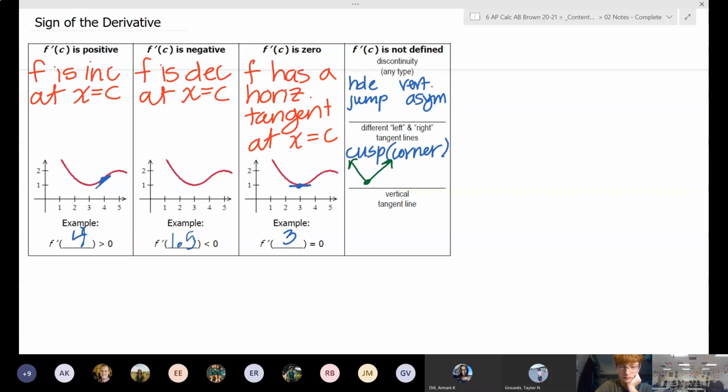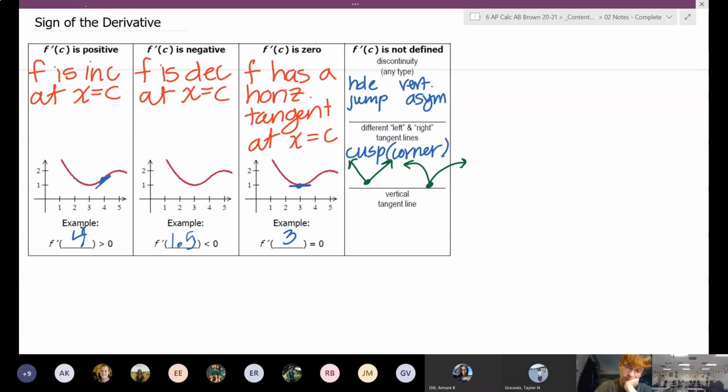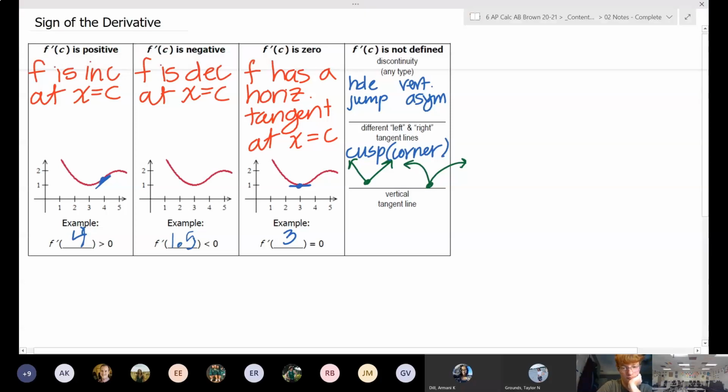It could also be curved. So if you think of that bird shape everyone drew in elementary school, at that sharp point, there is no derivative either. We also will not have a derivative at a vertical tangent line. If I think about a function with a vertical tangent line, at the spot where the tangent line is vertical, it will not have a derivative.